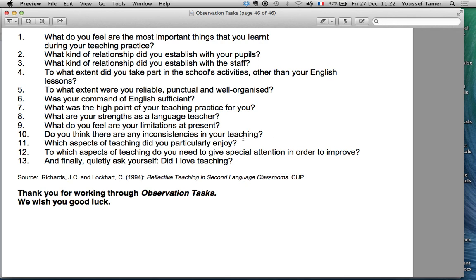To which aspects of teaching do you need to give special attention in order to improve? And finally, quietly ask yourself, did I love teaching? The most important one.